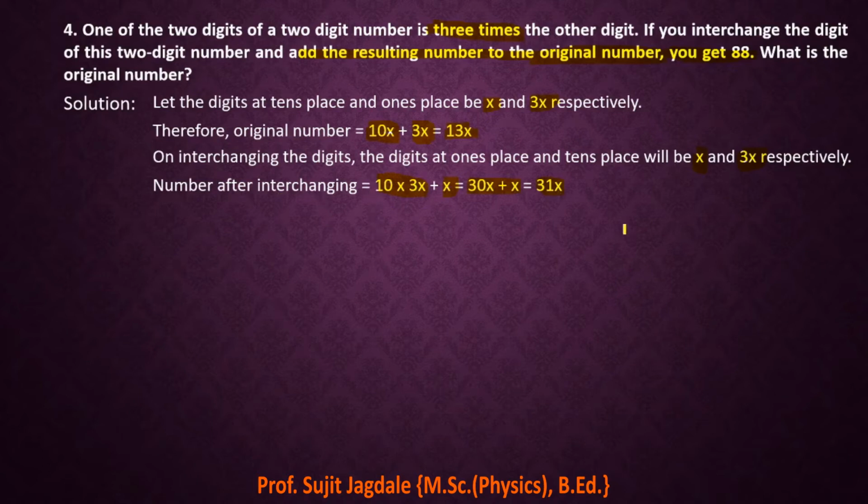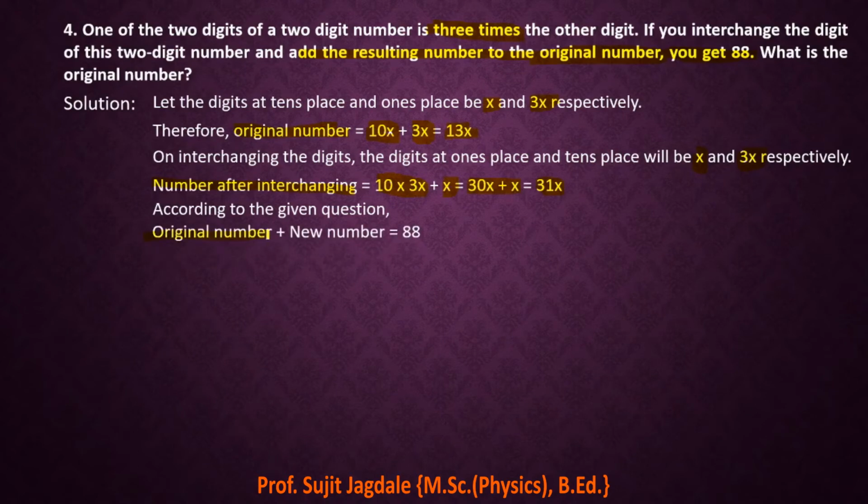That means we have to just interchange the positions of the digits. Then according to our question, the condition is like this: the resulting number, that means the new number after interchanging, plus the original number, their addition is 88.